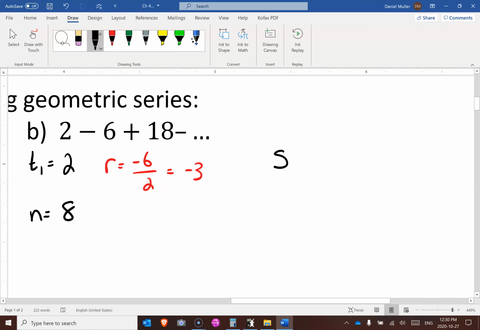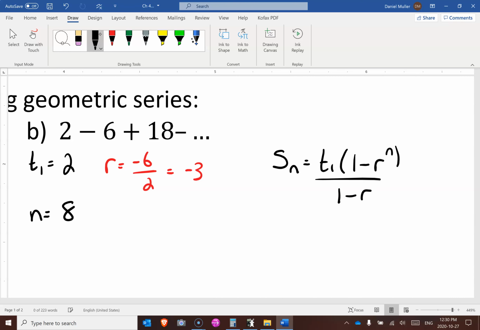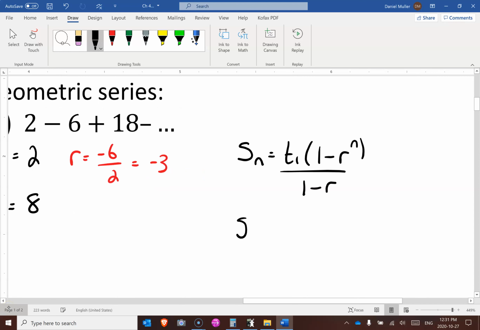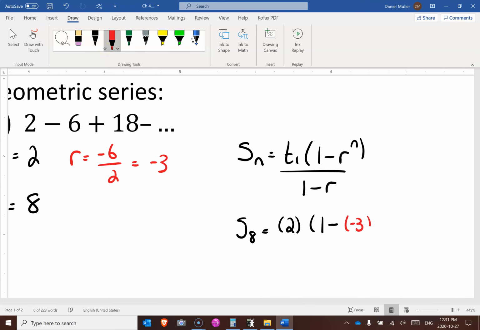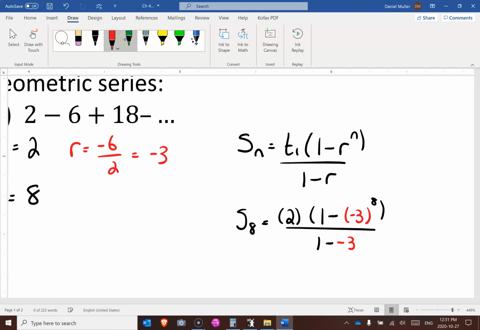So if I'm going to find the sum, Sn is equal to T1 times 1 minus r to the n, all over 1 minus r. So S8 is equal to the first term, which is 2, times 1 minus, and again, this r is the same, -3, I don't know why, it just happened to be like that, to the power of 8, all over 1 minus -3.